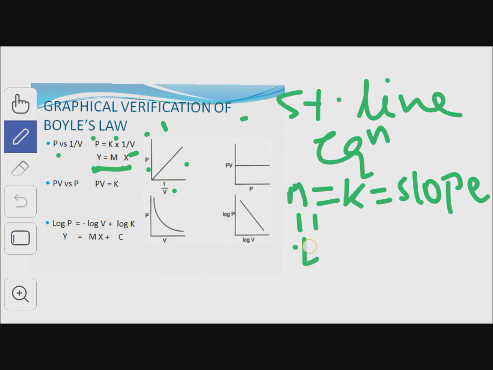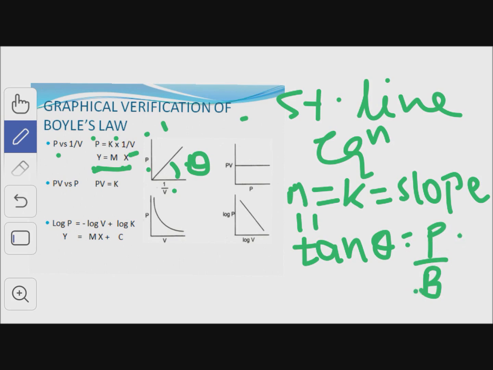tan theta, and this angle is theta, and from here we can calculate the value of tan theta, which is equal to perpendicular upon base.